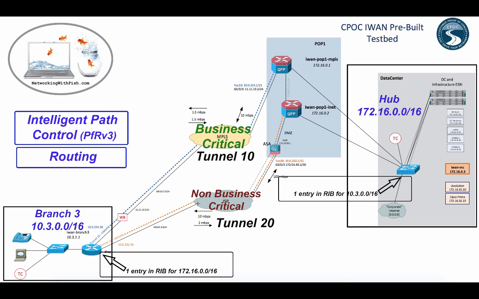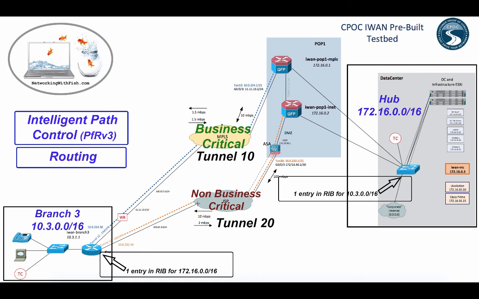But we also know that that DMVPN head end is actually advertising to branch 3, I can get you to this as well. And with that additional ability to look in the BGP table or the EIGRP topo table, you can have the one entry in the rib and then fall back to just routing should you have a problem in your network and not be able to tell the quality of that backup link, and you want to make it a backup again.